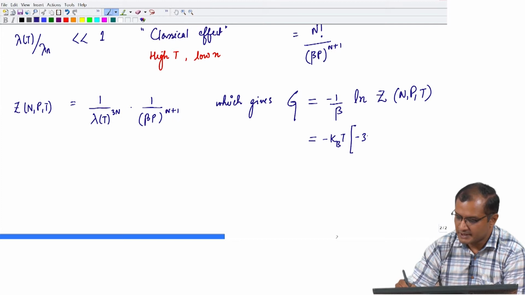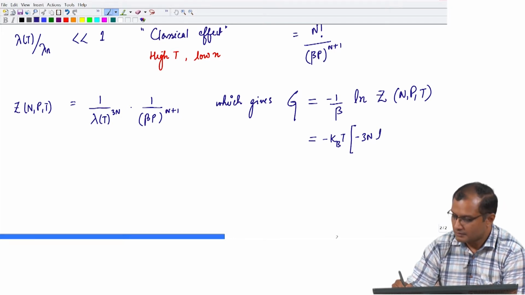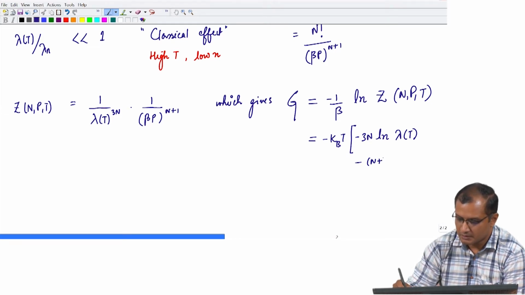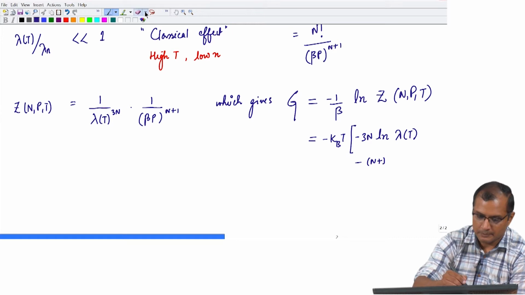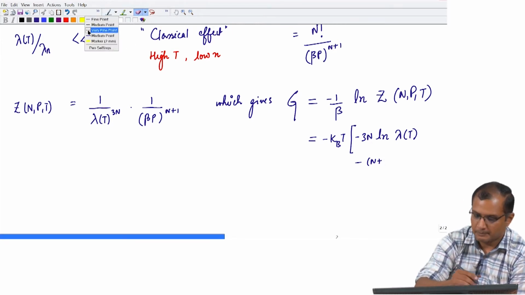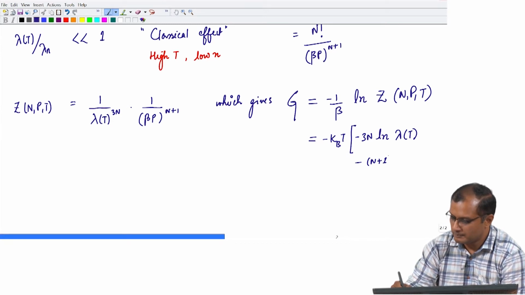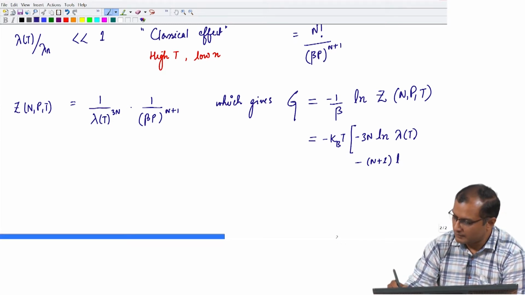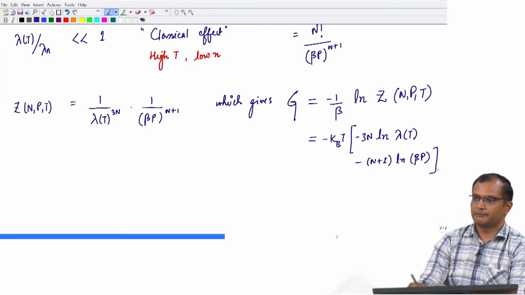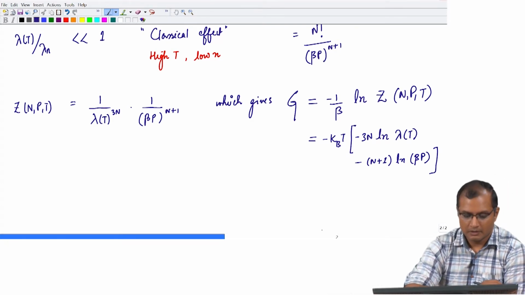Minus 3n ln of lambda t minus n plus 1 ln of beta p. Okay. Fine.